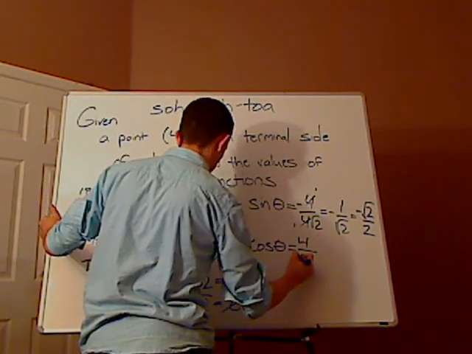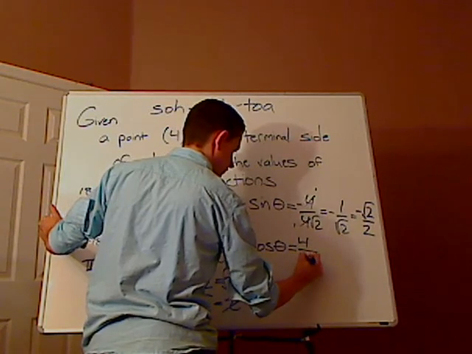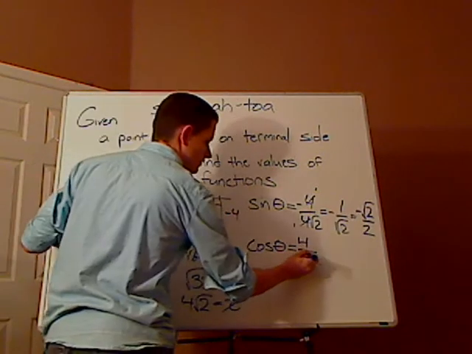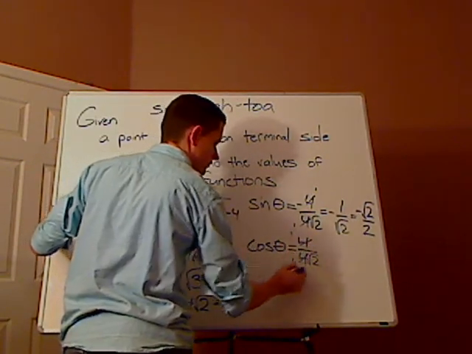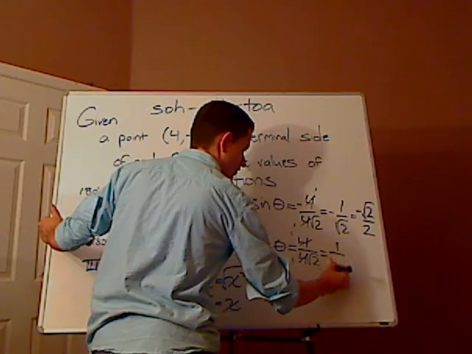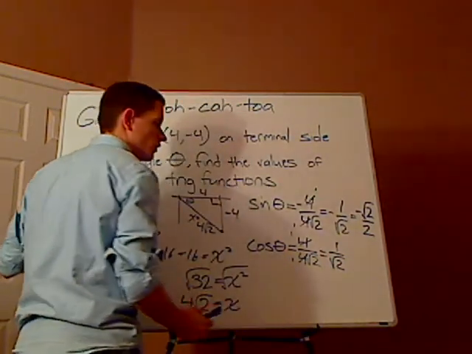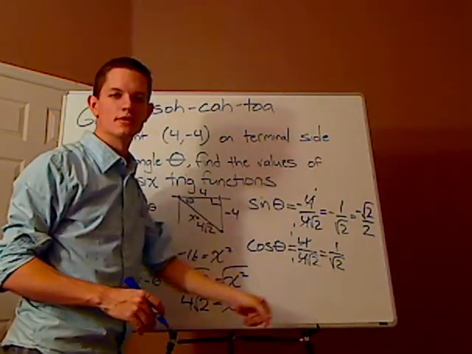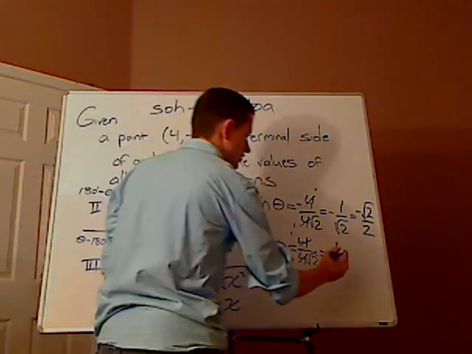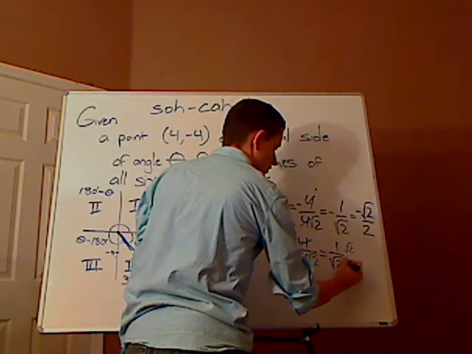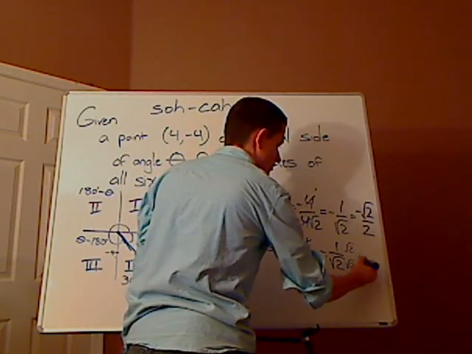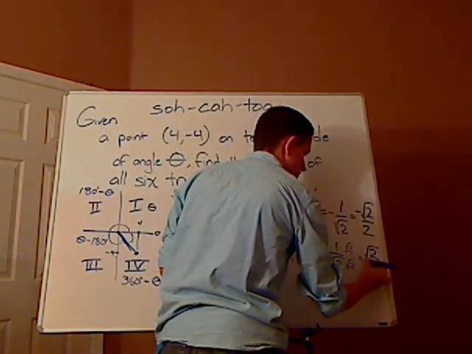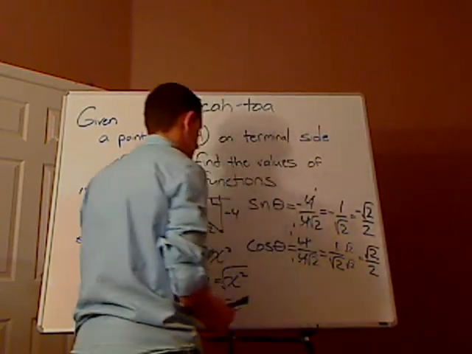So that would be 4 over 4 square root of 2. The 4's cancel out, just like before. So you have 1 over square root of 2, which, again, if you have to rationalize the denominator, you multiply the top and the bottom by square root of 2. Square root of 2 times square root of 2 gives you square root of 4. Square root of 4 is 2. So that's square root of 2 over 2.